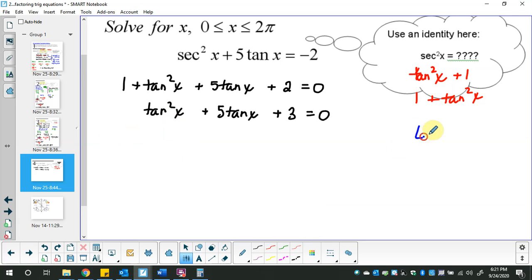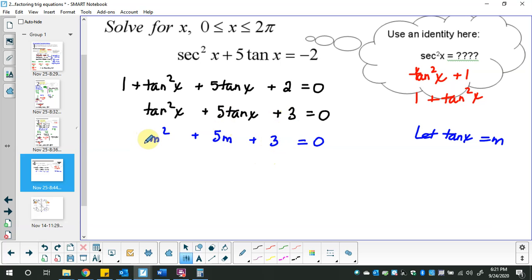I'm going to let tan x equal m, which means m squared plus 5m plus 3 is equal to 0. And maybe now you can notice that this is not factorable. You will be sitting there for the rest of your life trying to find two numbers that multiply to be 3 and add to make 5.